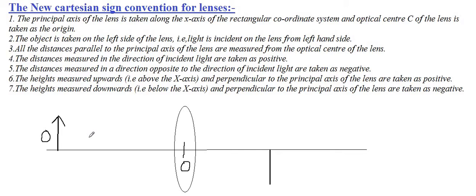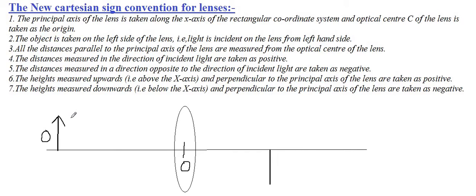Now fourth sign convention is the distances measured in the direction of incident light are taken as positive. It means, now it is very clear from the figure that our object is placed on the left hand side of the lens.